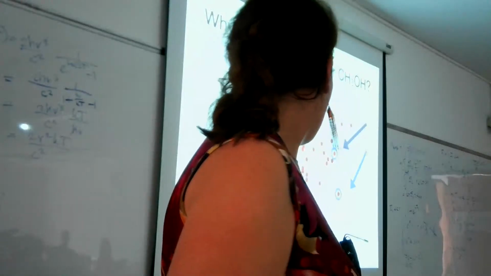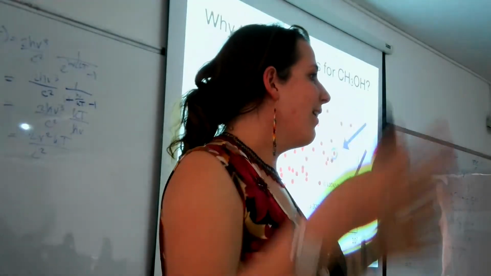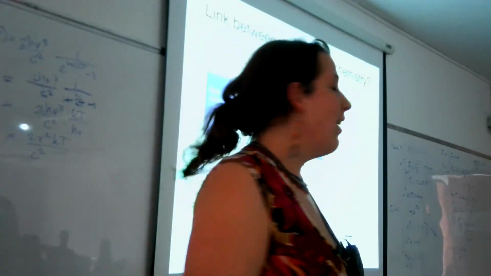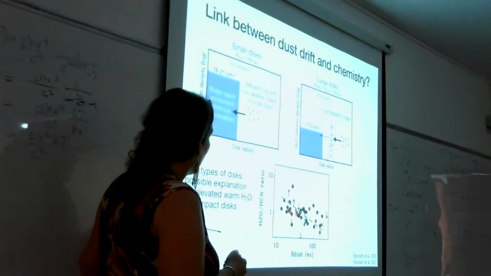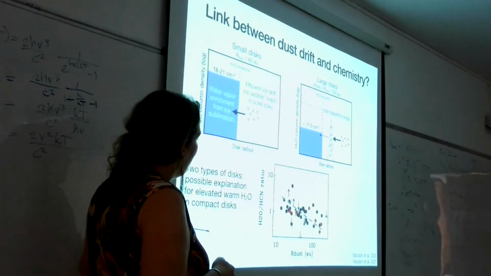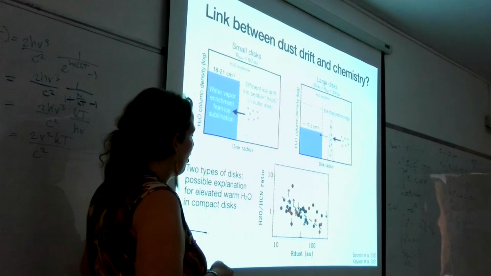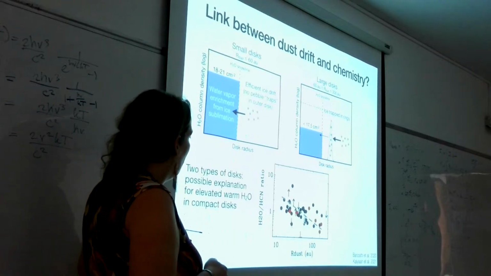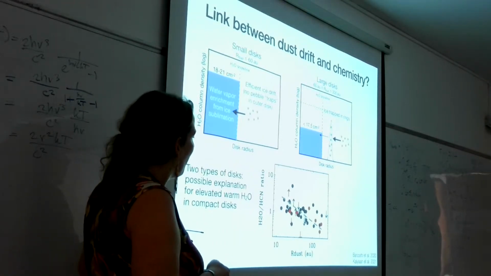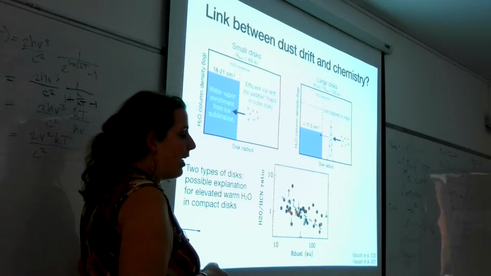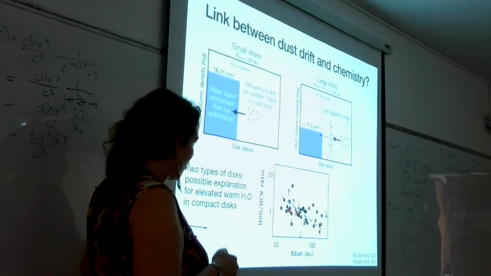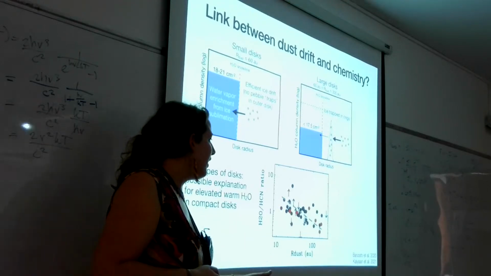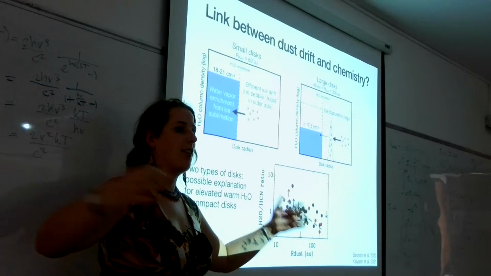Of course, this suggests that there is really a link between dust trapping and chemistry in the disk. So this is actually another infrared result where they measured the water emission, scaled by the HCN emission. This is essentially the amount of warm water vapor in the inner part of the disk. What they found is that the strength of the water emission is anti-correlated with the size of the dust disk.